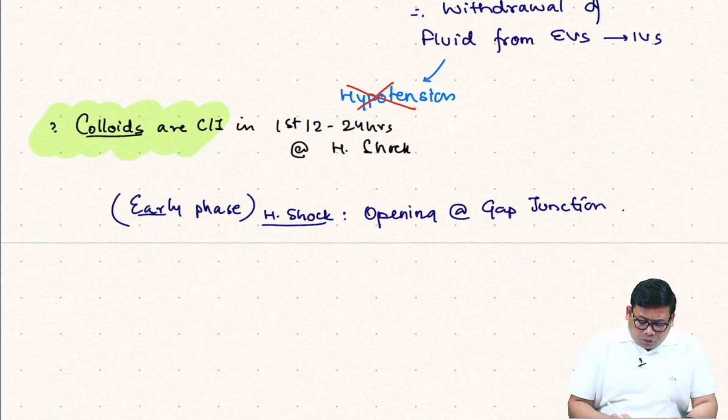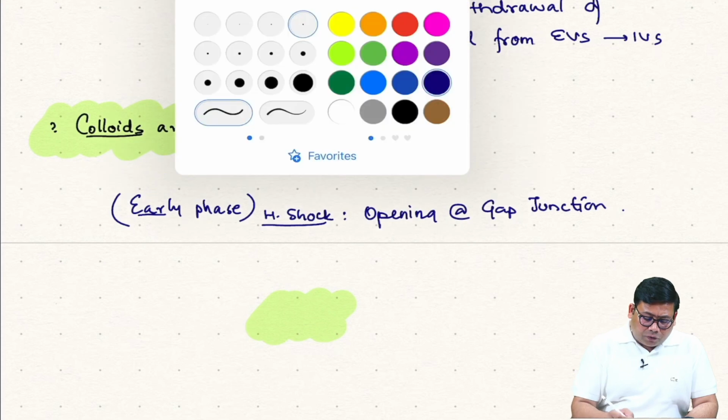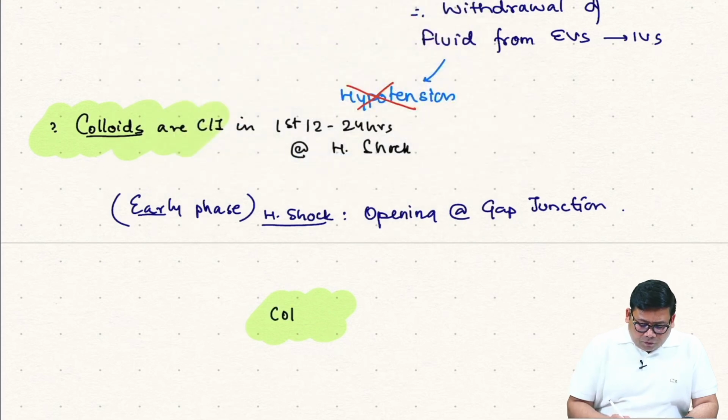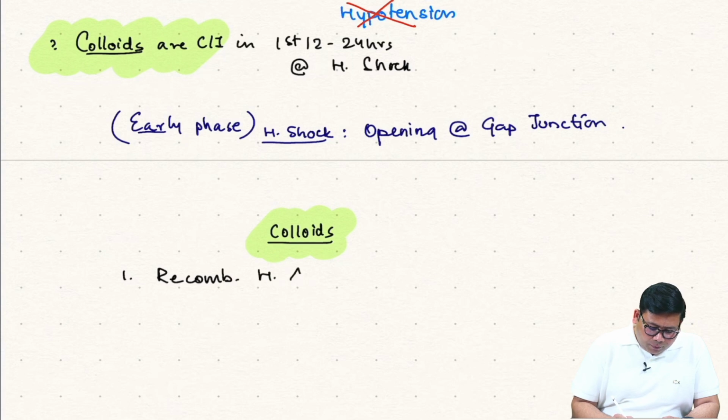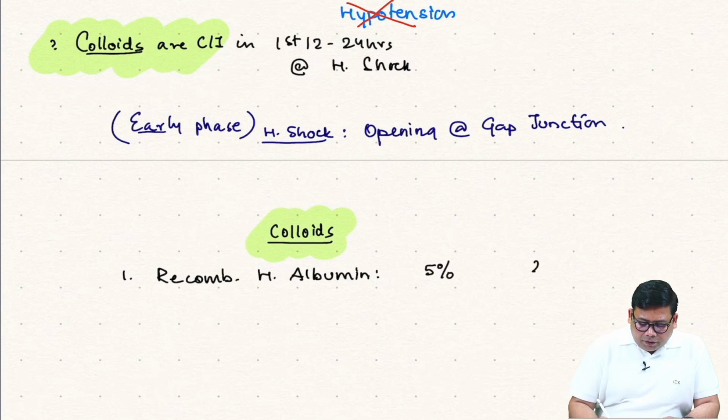Now I would not go into the depth of different colloids, I will just tell you what are the various colloids which are available in the market. The first is recombinant human albumin. And when we talk about recombinant human albumin, it is available in two forms. One is 5% and one is 20%.